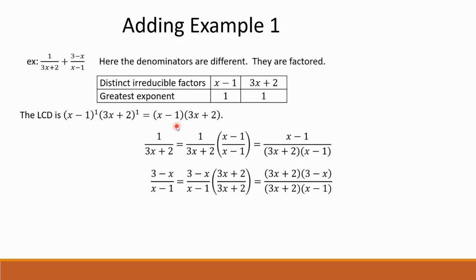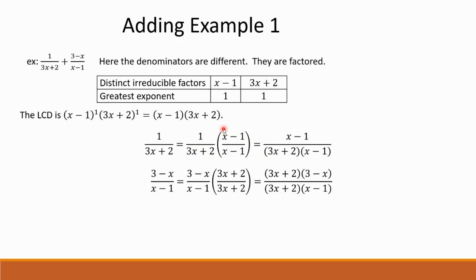And so we have to multiply the denominator by that. But remember, whatever you do to the bottom, you have to do to the top. You're multiplying the denominator by something, so you have to multiply the numerator by it as well. That's what we're doing here.